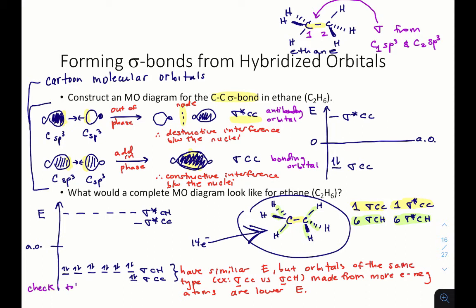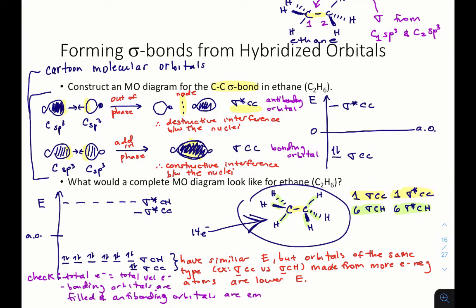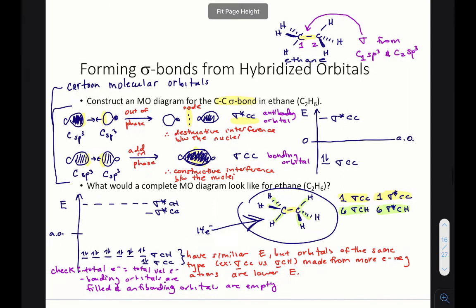Yeah, you might want to check that your total electrons equals the total electrons that you would count using group number on the periodic table, because that should be consistent with your Lewis structure as well. You want to check that bonding orbitals are filled and antibonding orbitals are empty. Again, that will not always be the case, but it will usually be the case.